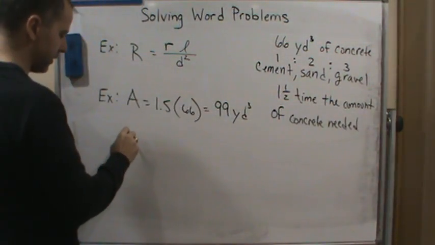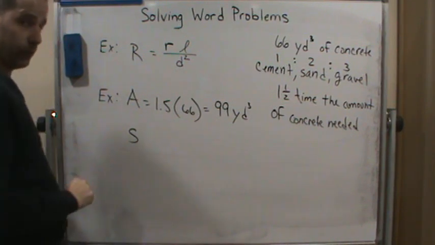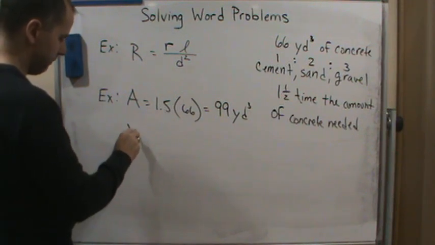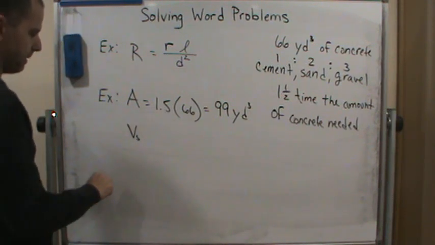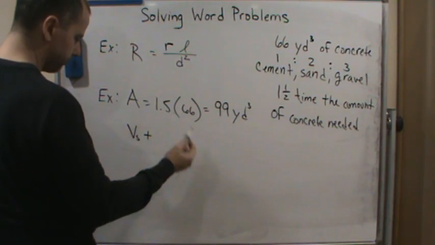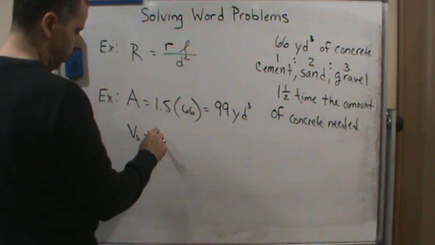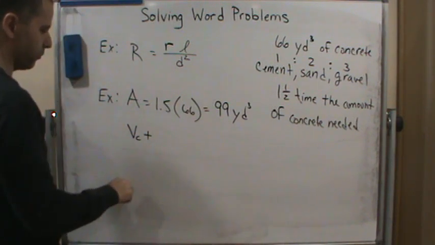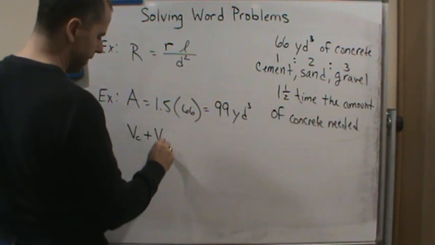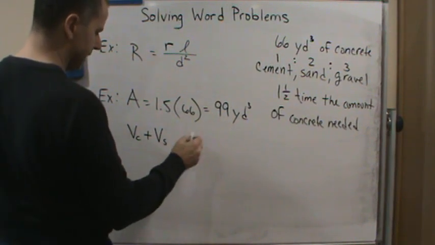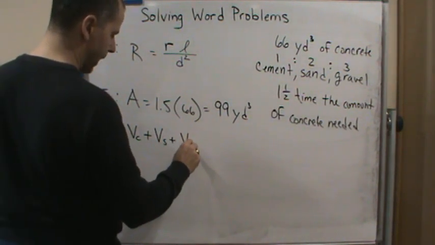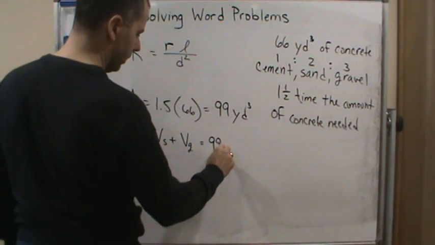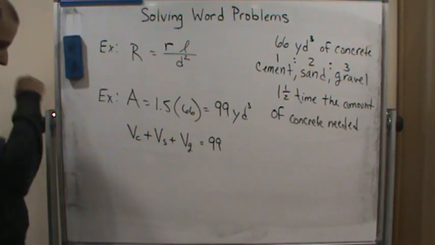So let's use V sub C for the volume of cement, plus the volume of sand, V sub S, plus the volume of gravel, V sub G. All of those volumes have to equal 99 cubic yards.